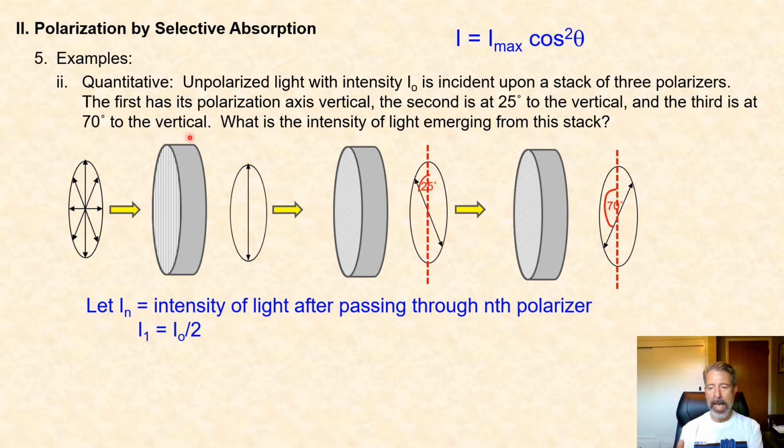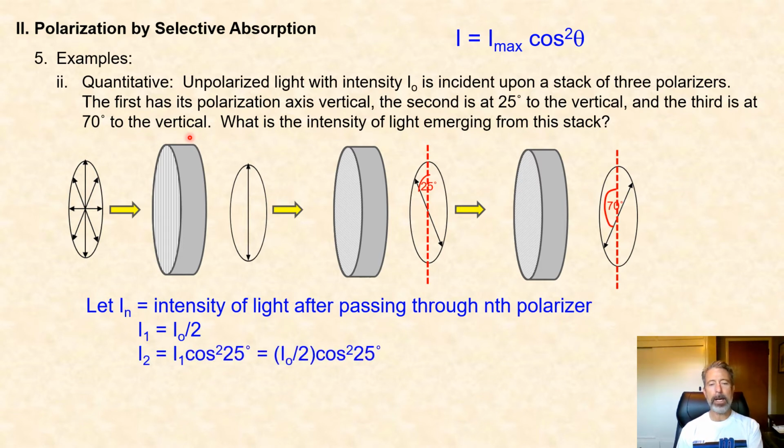So basically, half of your unpolarized light will be filtered out, because on average those electric field vectors are just as likely to have the same resultant field in one dimension, let's say the x dimension, versus the y dimension. So we are selectively filtering out half of those electric field vectors, reducing the light intensity by a factor of 2.